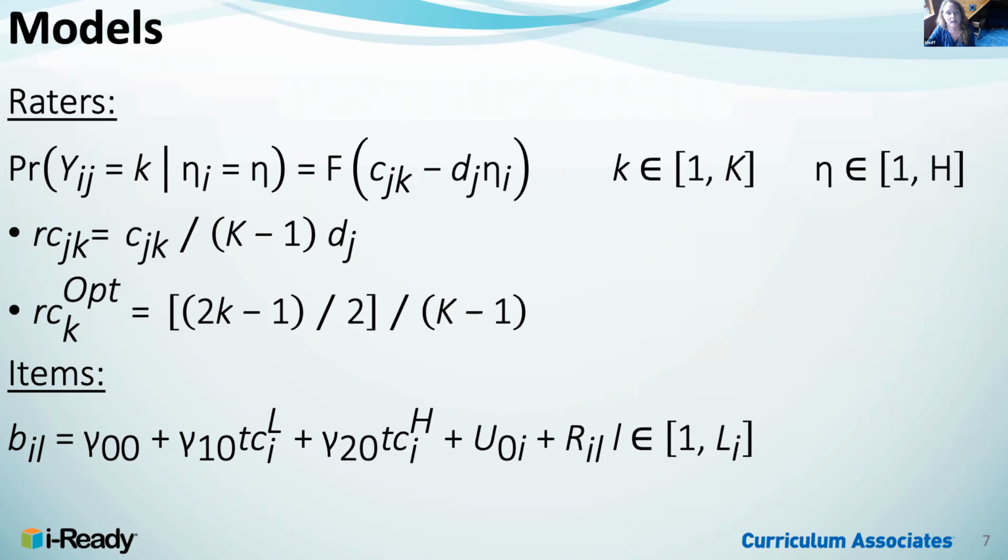These are the models that I can't even describe to you because this is not my area of expertise, but these are the models that were used to evaluate the 2 research questions about the raters, and then the model that was used to evaluate the relationship between text complexity and item difficulty.